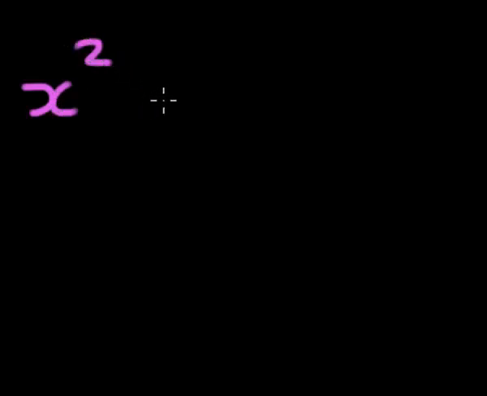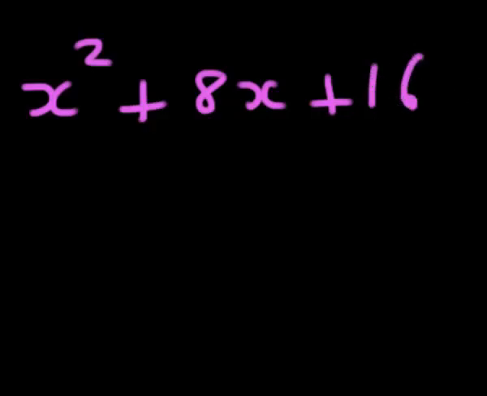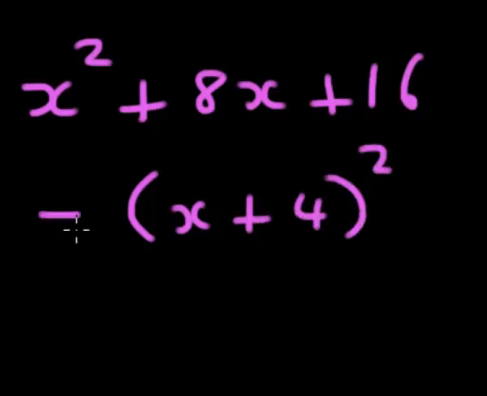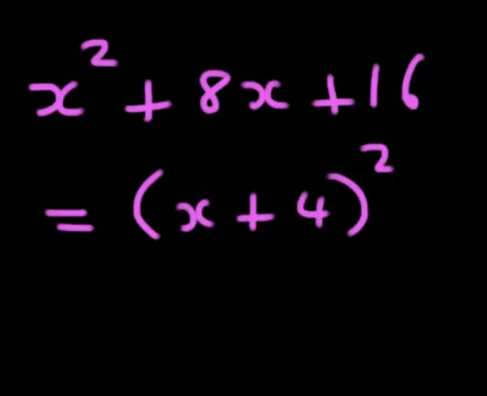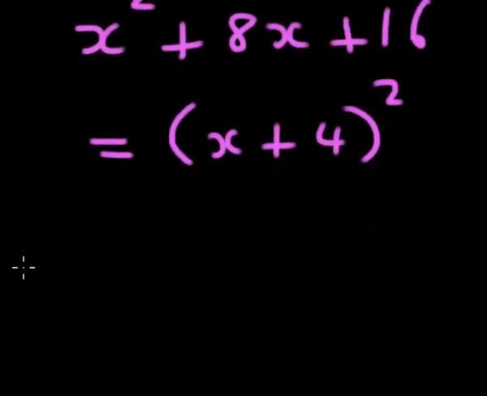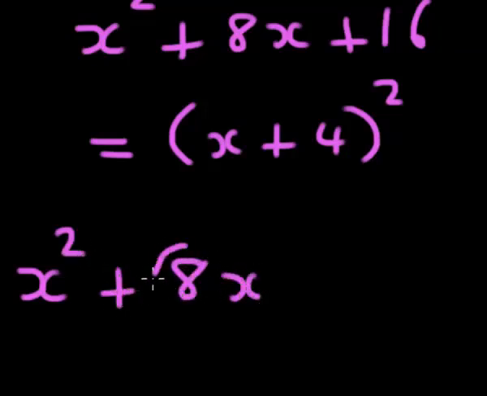So if we look at another one, let's have a look here. If you've got x squared, this is a perfect square trinomial. We worked with this previously. What are the factors of this thing? Well, we know it is actually x plus 4 squared. We factorized that before. But now watch this. The beautiful thing is if you take x squared plus, what is the coefficient of x? It's 8. The last term is 16.